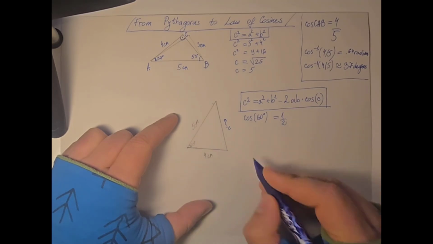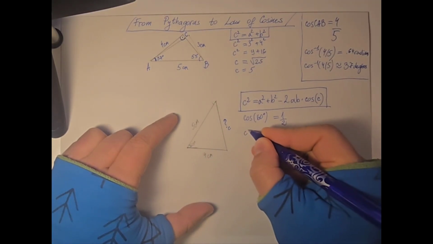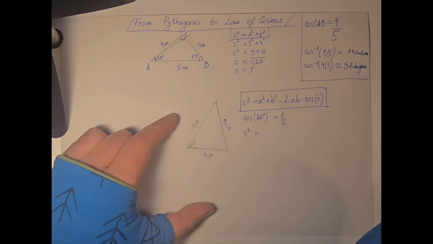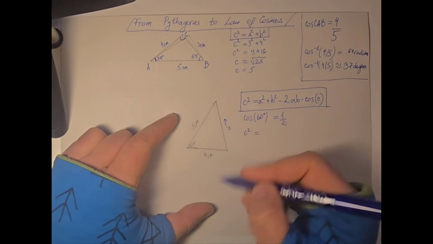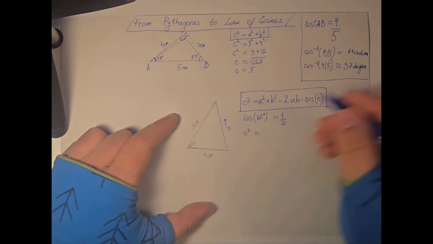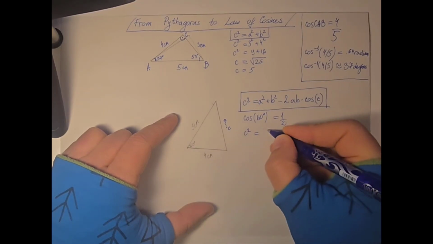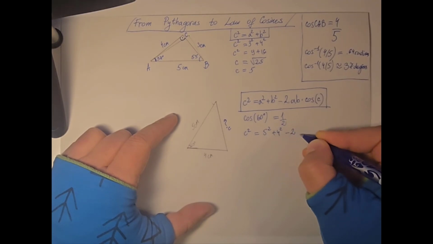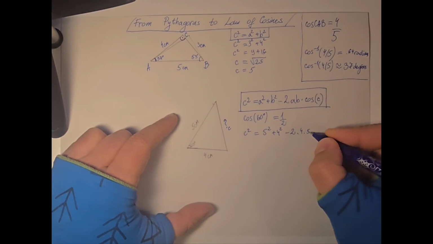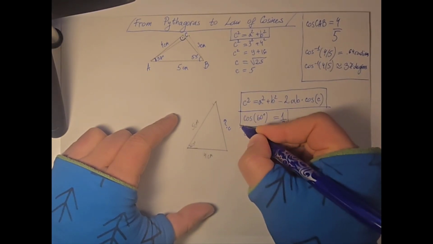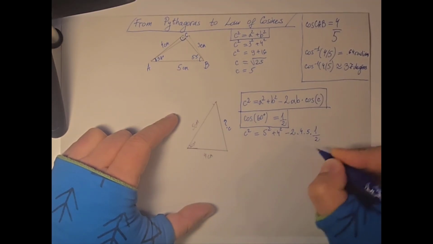Exactly. So we are saying C squared equals A squared plus B squared minus 2AB cosinus of the angle. Doesn't matter which one is A or B, because in this case we don't even have right-triangle angles, so treat everything equal. So it would be 5 squared plus 4 squared minus 2 times 5 times 4 times this thing here, and it's a 1/2.